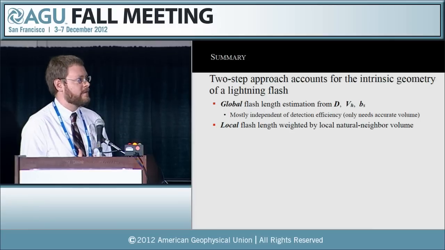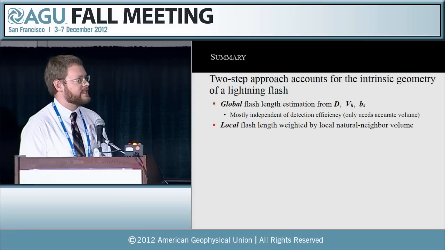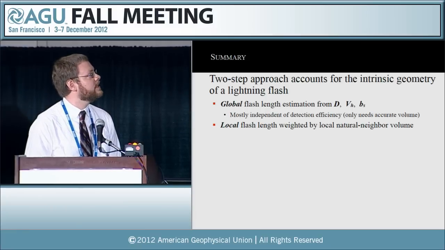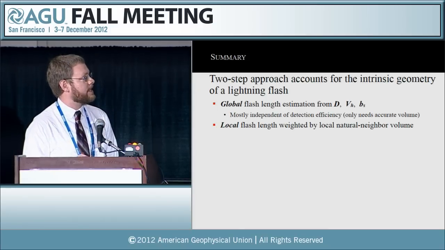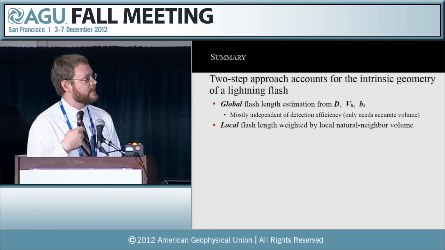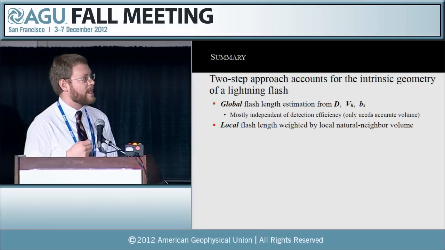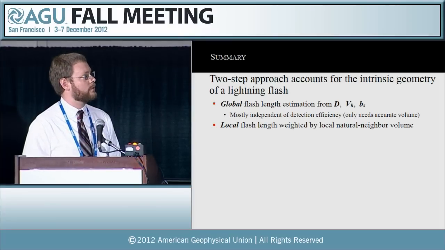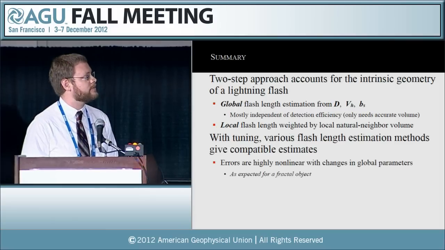We just need an accurate volume of the flash, and the networks generally are pretty good at getting that right, even for the less sensitive networks. And then, in order to calculate the local flash length, which we use for a vertical distribution, we weight that total length that we estimate globally by the local natural neighbor volume mapped out by the individual sources.